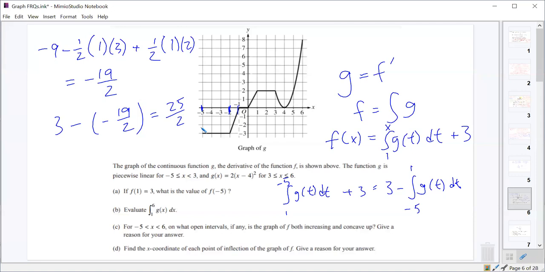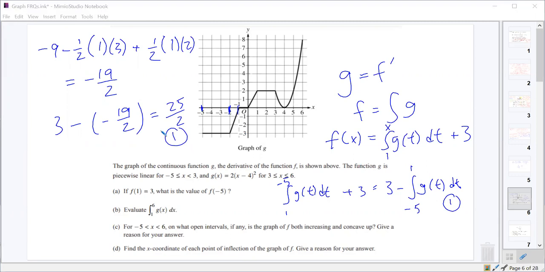Let's see how many points that was worth. That was worth 2 points. It says 1 for the integral. I think they're saying 1 for setting this up correctly and then 1 for getting that answer.